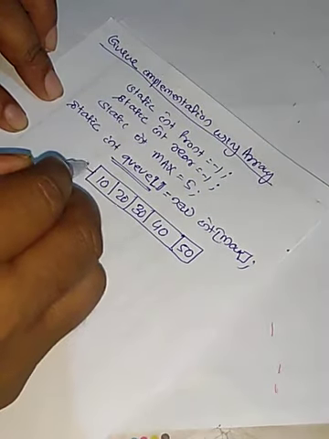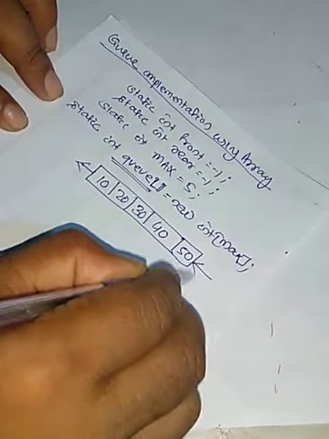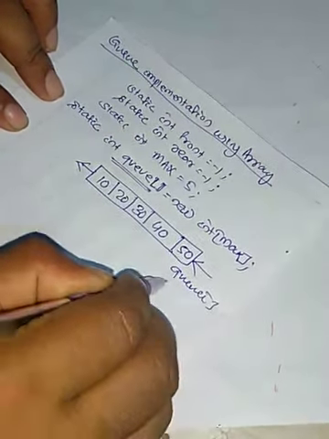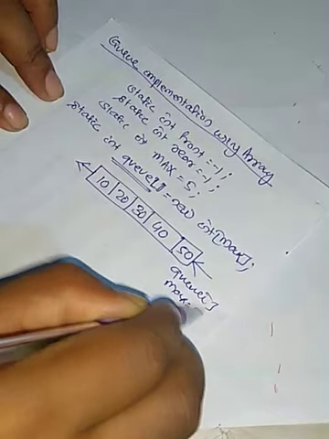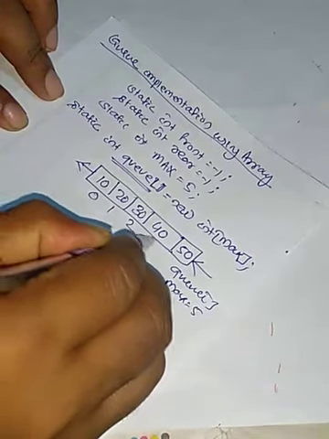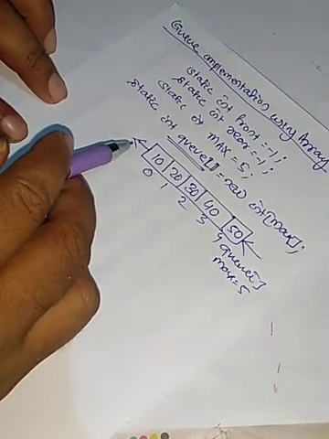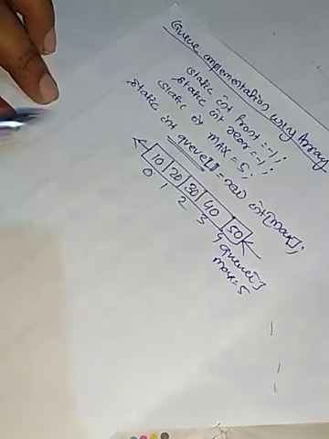If max equal to 5, here we have indexes 0, 1, 2, 3, 4. So 10 is inserted first and it will be deleted first.